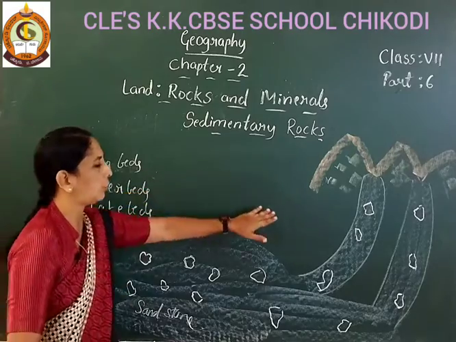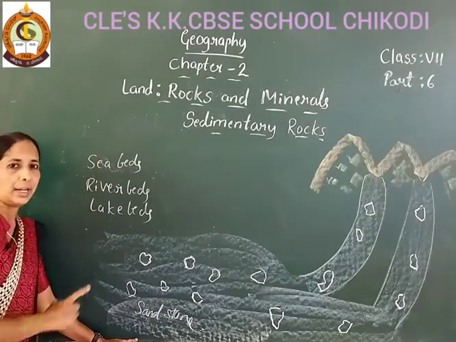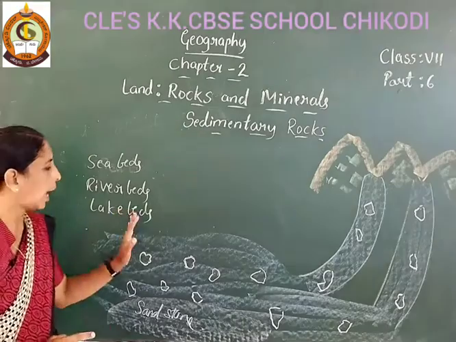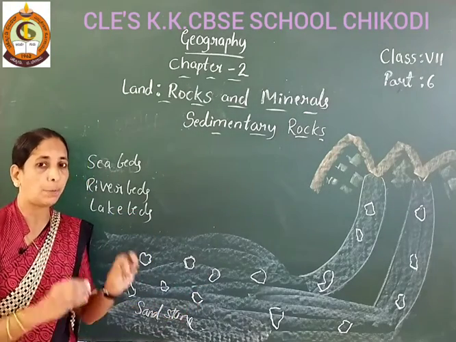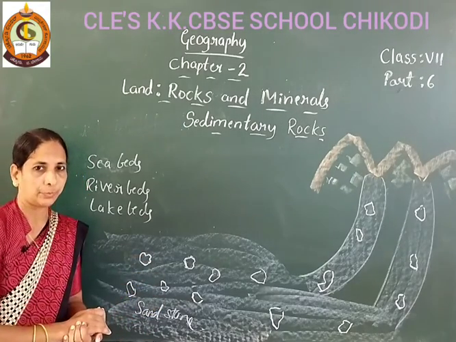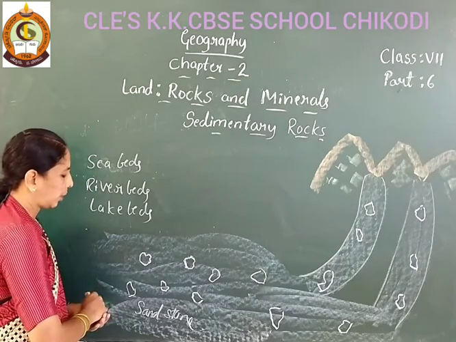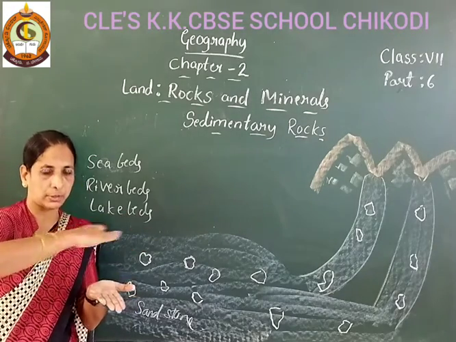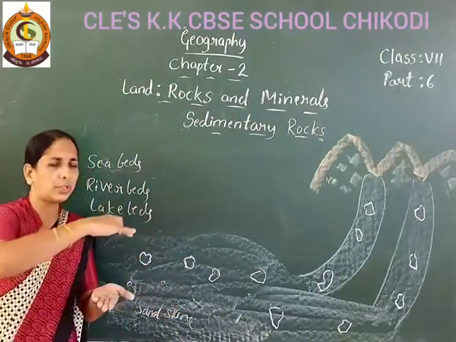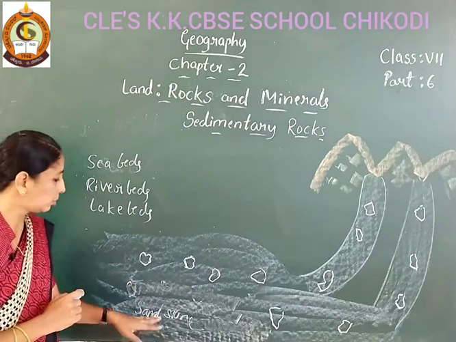These sedimentary rocks settle at the bottom of the river, sea and lake, and we call them beds: sea beds, river beds and lake beds. All pieces of rocks and soil settle down in one place only. Afterwards, it is made up of layers: one layer, two layer, three layer. It is made up of layers of the beds.